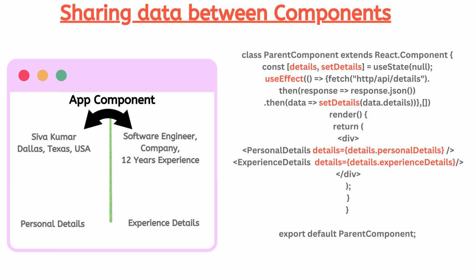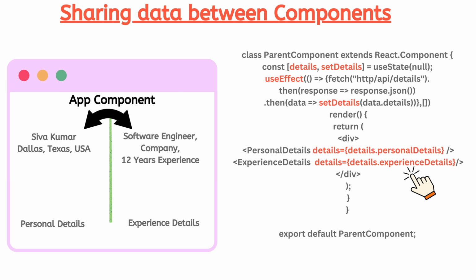Once we have those details, if you see under personal details, the property name is details. Within this we are passing details.personalDetails. That means from the details we are getting the personal details out of it, and we are passing it to the personal details component as a child.